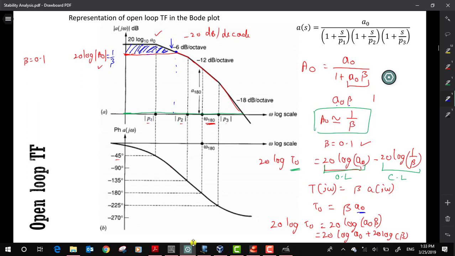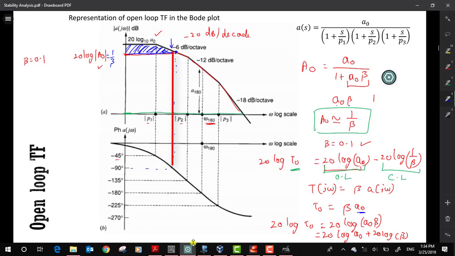There is also one more way by which we can see it. This is my 0 dB line for my loop gain. This entire curvature or this entire box is my loop gain, and this is the 0 dB line for the loop gain. At the 0 dB line I have a gain of 1. At this value of 1, when I see what my phase value is, it is just 90 degree.